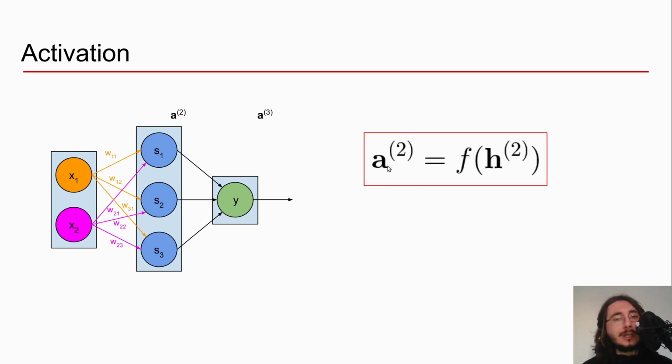So the activation of the second layer, which is a vector with 3 values, one activation for S1, one for S2, and one for S3, is given by the activation function f, which in this case is quite abstract, but we'll see later on an example with an actual activation function, which is the sigmoid function.